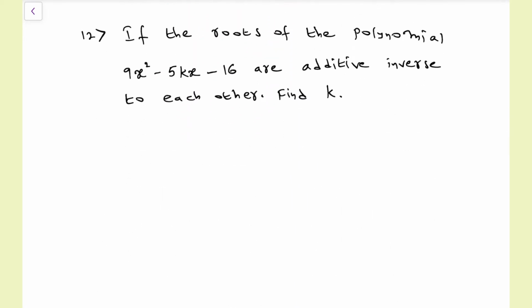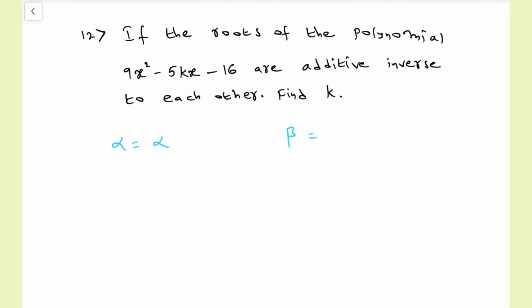Coming to the next, the 12th question. If the roots of the polynomial 9x square minus 5kx minus 16 are additive inverse to each other, then find the k value. The two roots we take as alpha and beta. Alpha I keep as alpha only.